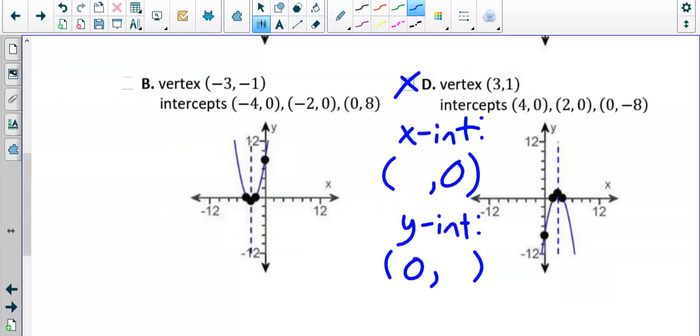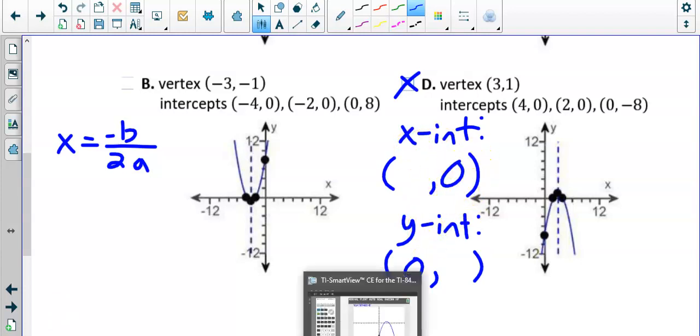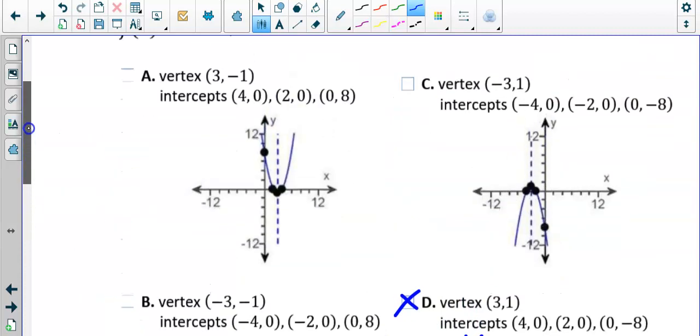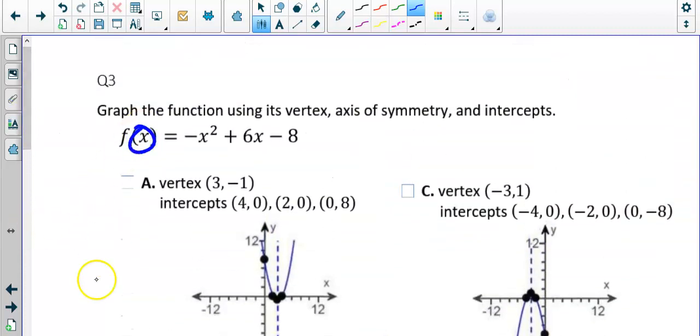If you wanted to, you could easily do this by hand too. We already talked about how to find the vertex: x equals the opposite of b over 2a. Then we take this answer and plug it in to find the y value of the vertex. If you wanted to find the x-intercepts, plug 0 in for y and solve for x, which you could do using factoring or the quadratic formula.